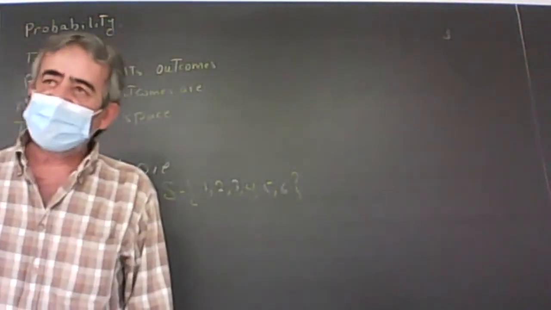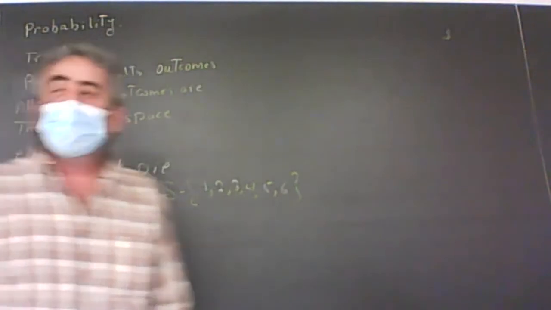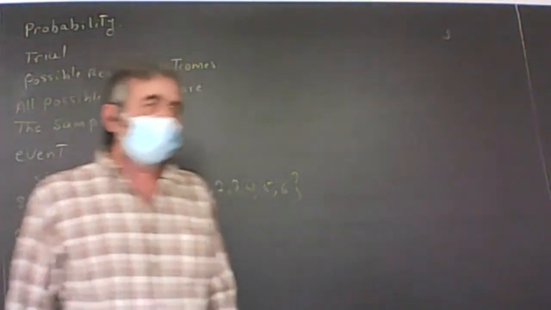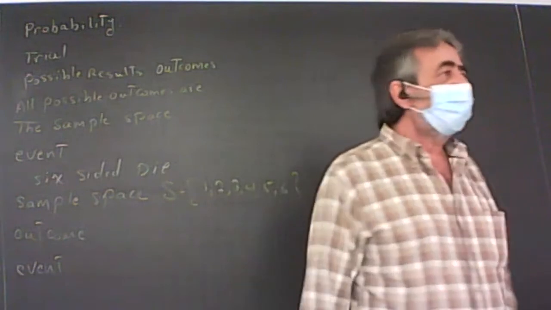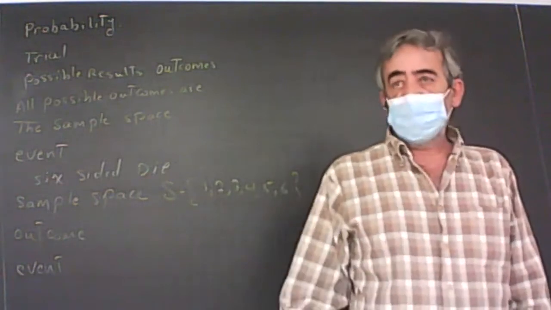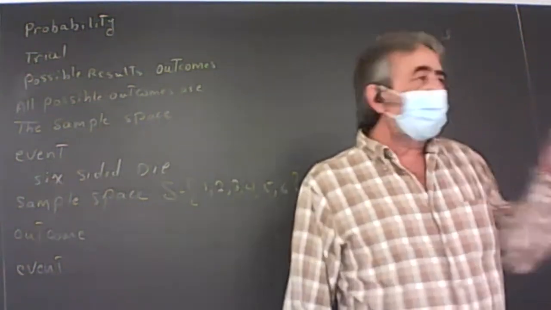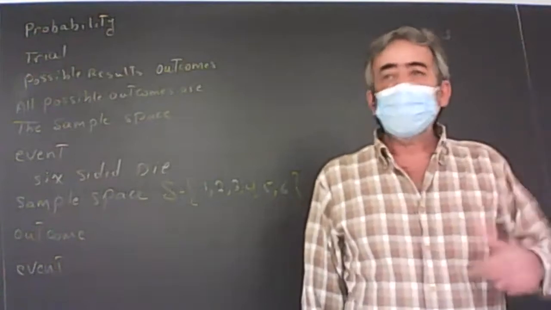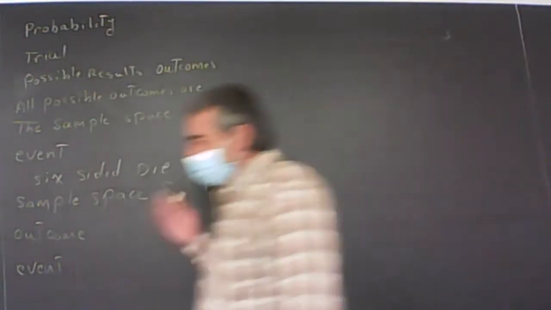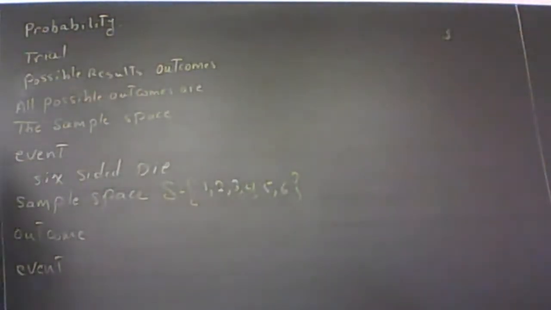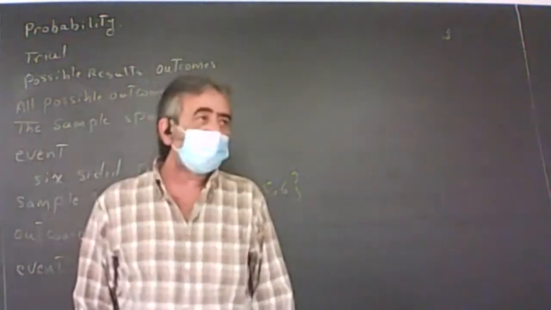For instance, if you get an odd number, you win. Then your event would be all the odd numbers, in this case 1, 3, or 5. Sometimes the sample space is already given. Sometimes we need to deduce the sample space from the given information.